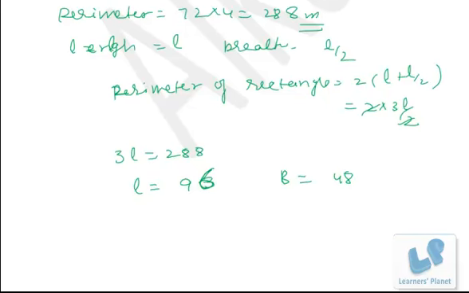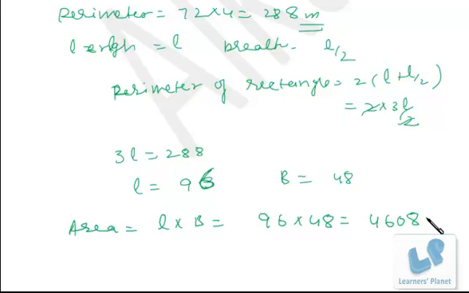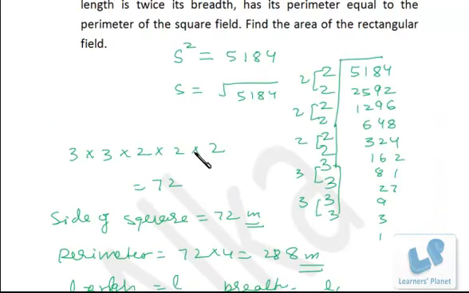So the area of the rectangle will be length into breadth, that's 96 into 48. So that is 4608 square meter.